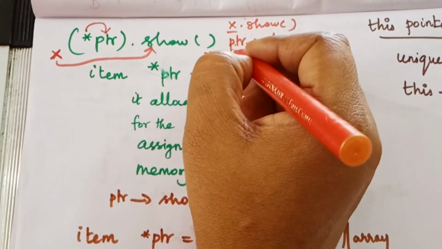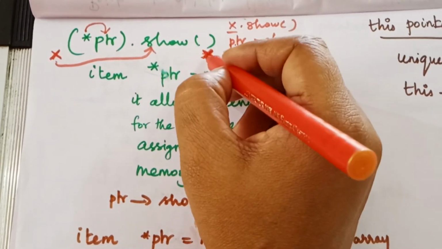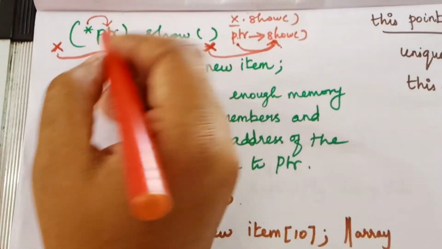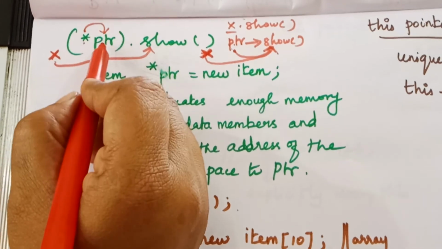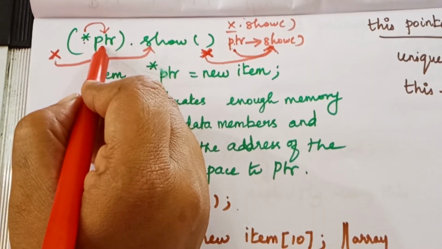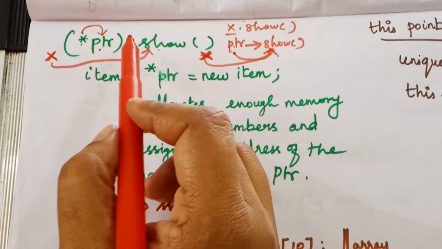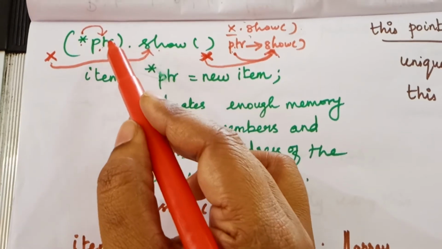What is the value inside the address? That is the object. So for this object you are calling. This is another syntax. And this is one more syntax: directly the value inside the address, correct? For this you are calling the member function. There are three syntaxes: one is the normal one, and the others use your pointer.